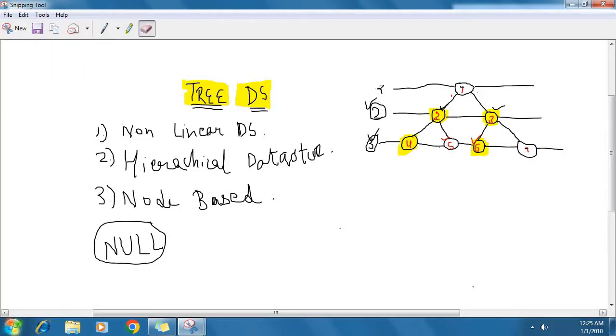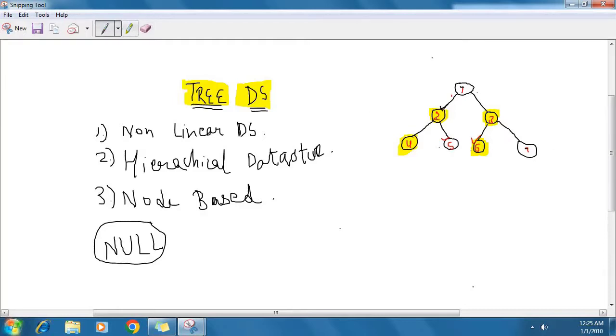Let us quickly talk about the height of a tree. What will be the height of a tree? As we know, this is our root node. Clear? This is our root node.